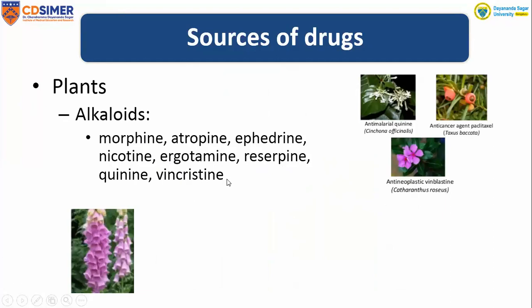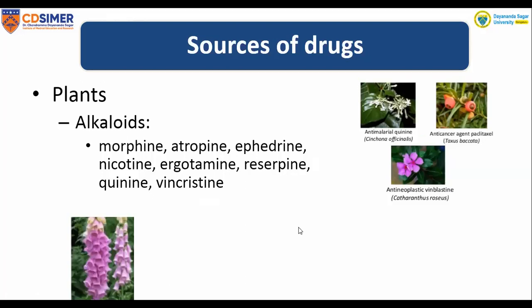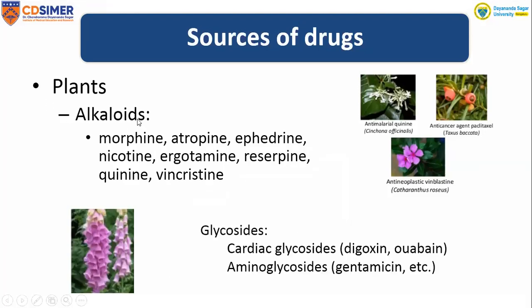Vincristine is used for treating malignancy. Quinine for treating malaria. Reserpine for hypertension. So like this, so many drugs can be obtained from plants as alkaloids.